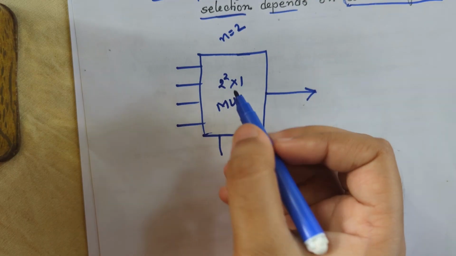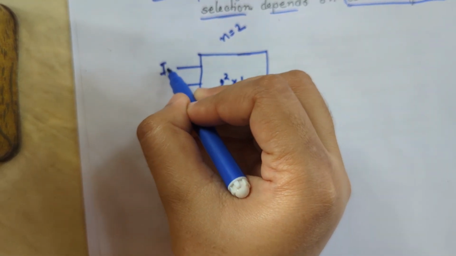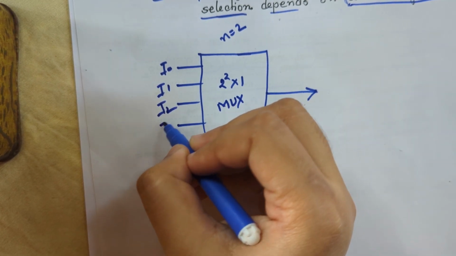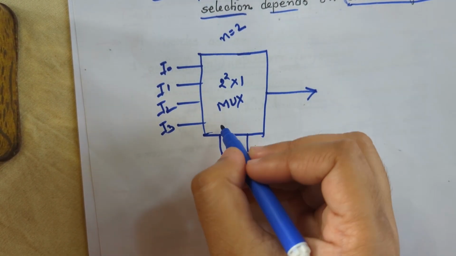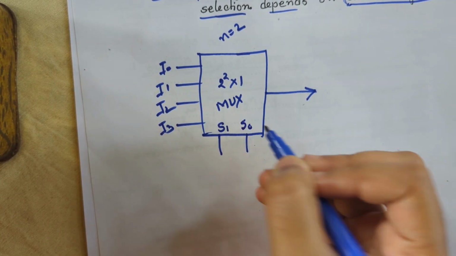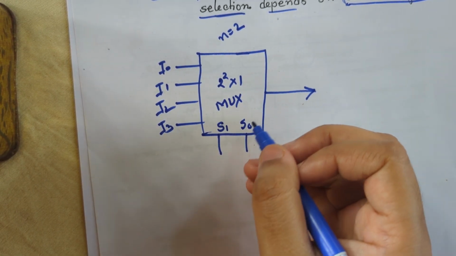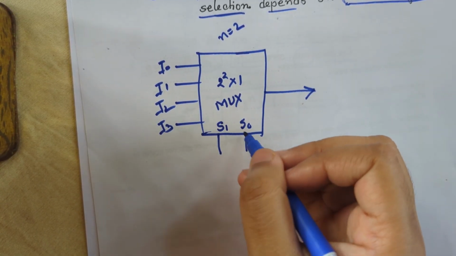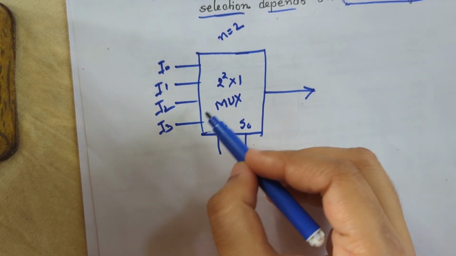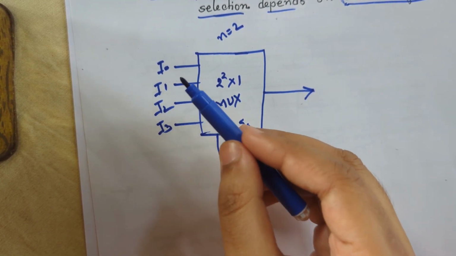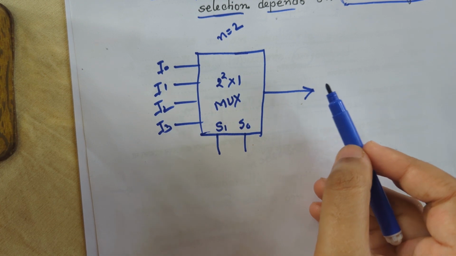Let's see how it selects. We will denote these input lines as I0, I1, I2 and I3, and these two selectors will be S1 and S0. Based upon these two selectors, one input will be selected and then this will be shown in our output.